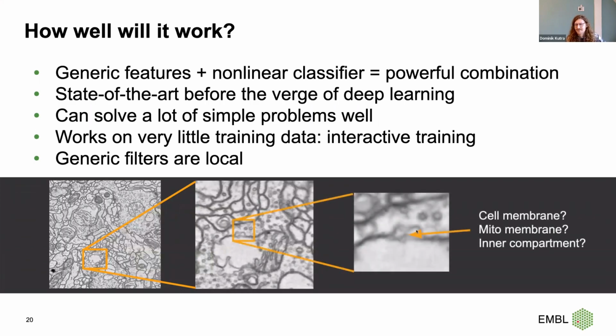But if you zoom into the state where this is the context that Ilastik sees for each pixel roughly, then even as a human, if you wanted to classify this boundary as being a real cell boundary or a boundary of the mitochondrion, you would not be able to do it, right? Because you cannot even see the right information. It's not there. So this is often where Ilastik fails. That is what you have to keep in mind: if you need long range information, this kind of pixel classification approach might not cut it.